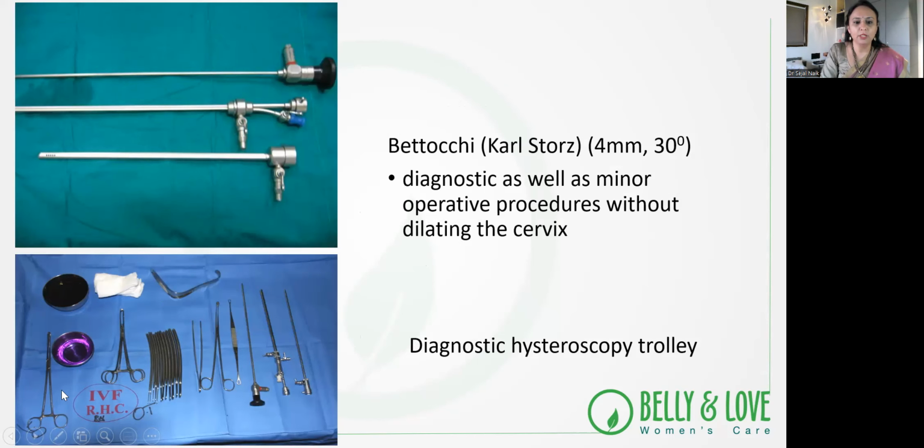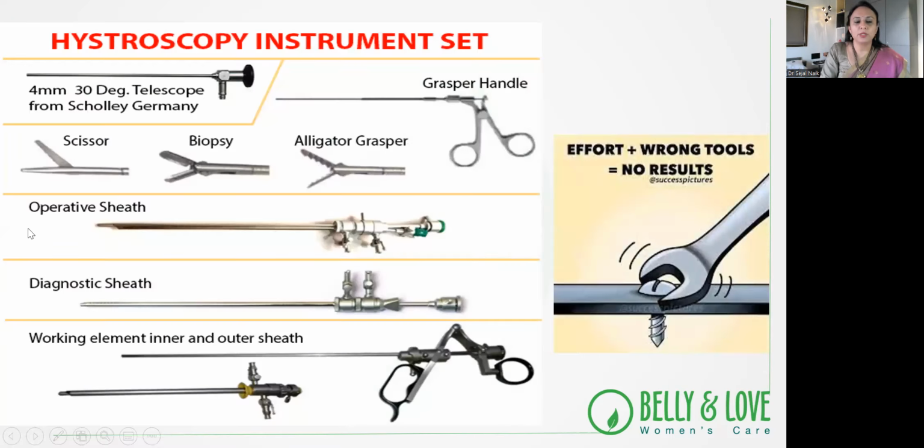Sometimes we have to hold the cervix with Allis forceps. The operative instrumentation has graspers, different types of biopsy graspers or alligator graspers, and scissors. These are the working instruments, along with the operative sheet, diagnostic sheet, and working elements, inner and outer sheets.